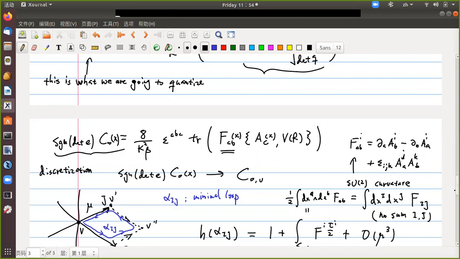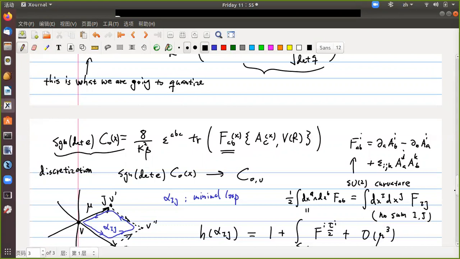You define the curvature of the connection on the frame bundle in this way, and that curvature relates to the Riemann tensor, the real curvature of geometry.